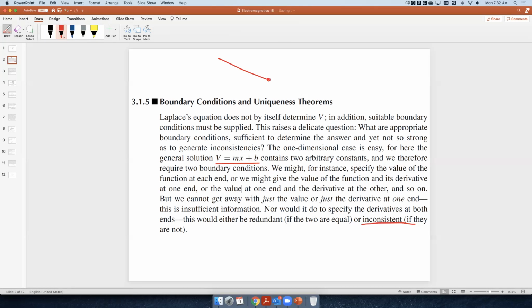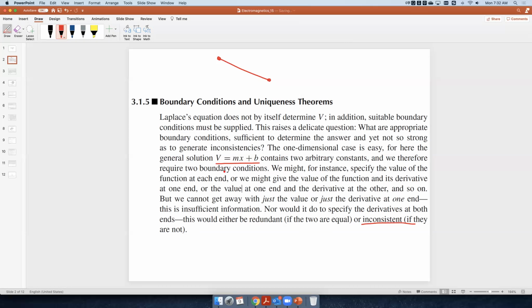Let's say this is a line, v equals mx plus b. If you get two sets of values at the two ends, that can be considered as the boundary condition, because you know the values at the boundary. For a line, the boundaries are the ends.